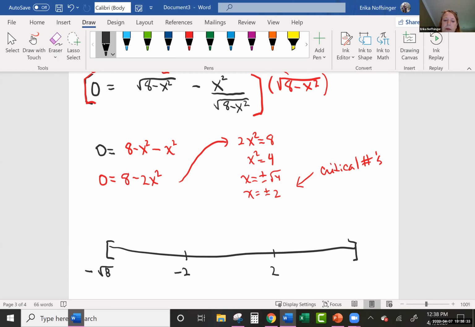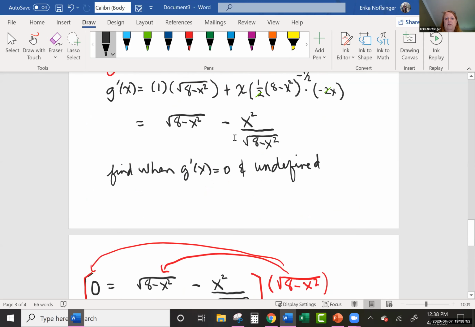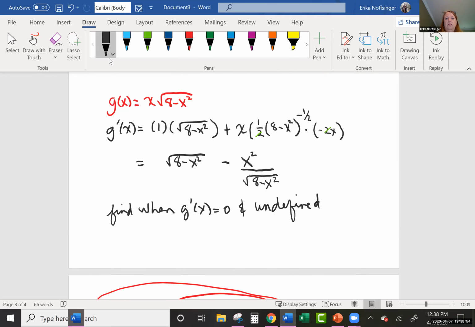And our inbound stops at square root of 8. Okay, so there's 3 different numbers that we need to check because there's 3 different intervals, and we're plugging this back into our derivative function. I'm just seeing which is the best to plug it into.